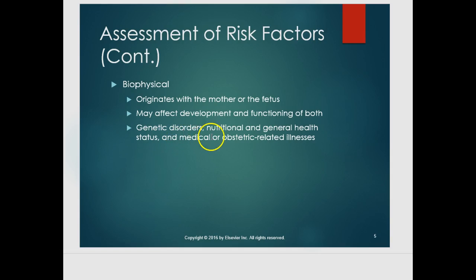Genetic disorders, sickle cell anemia, any type of genetic problems, malnutrition or overnutrition, general health status, could be cardiac or blood pressure problems, or any medical or obstetrical related illnesses such as gestational diabetes or pregnancy-induced hypertension. Those are all things that can create a high-risk pregnancy.